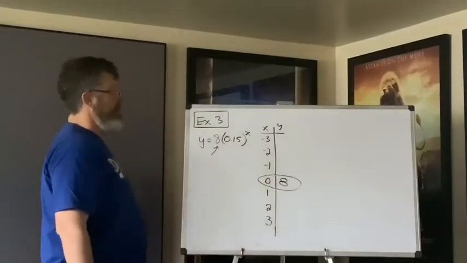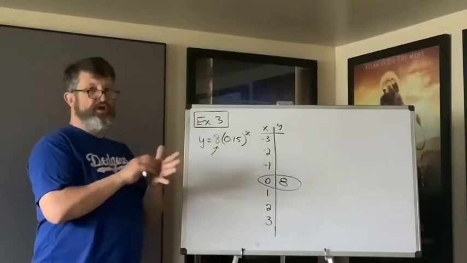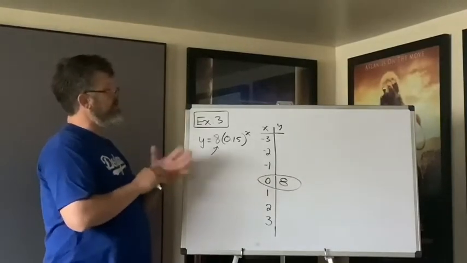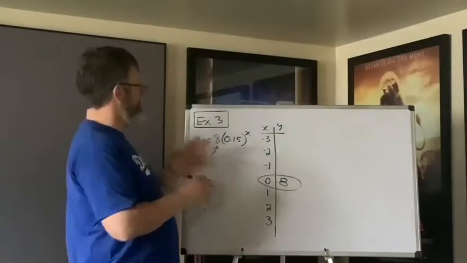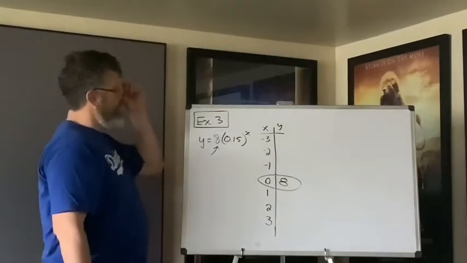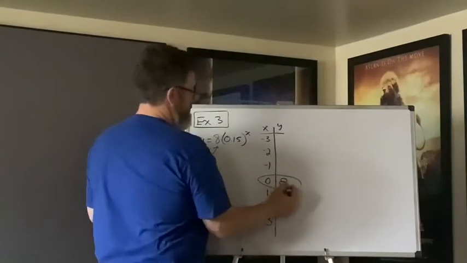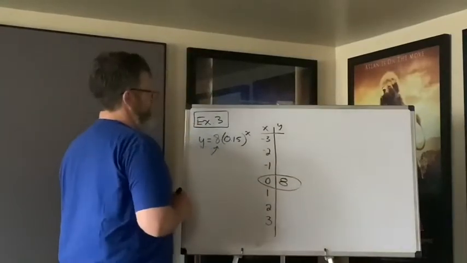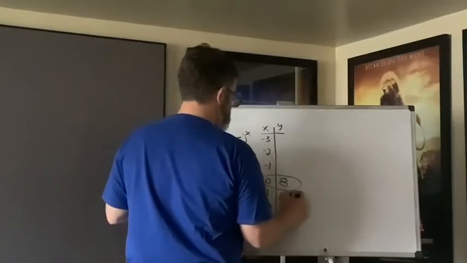Okay, now one of the big things I'm trying to do is show you that exponential is a multiply pattern. And I'm also trying to show you how each one of these parts of this equation work. So now if I take 8 and I multiply that by 0.15, what's that going to give me? 1.2. So this is going to fall really fast. 1.2.